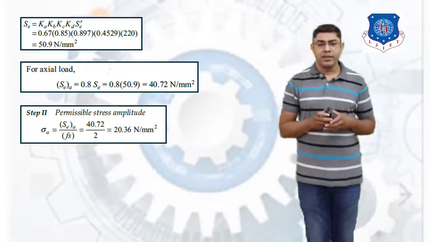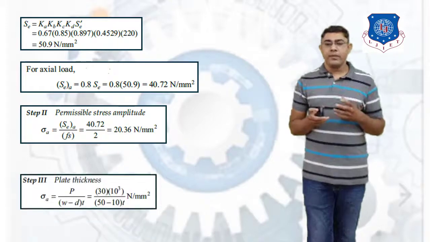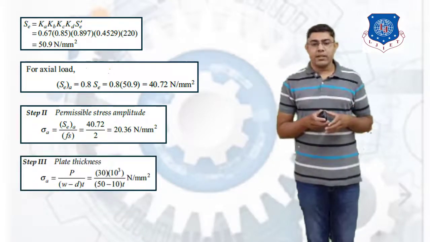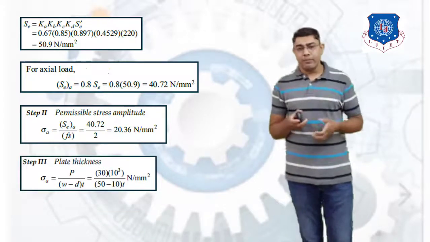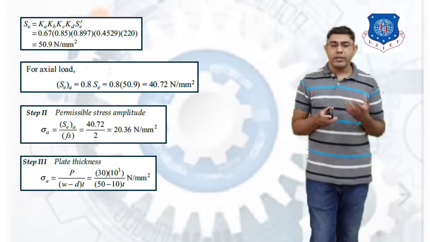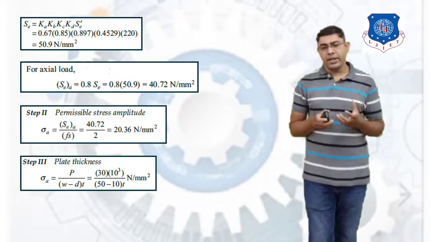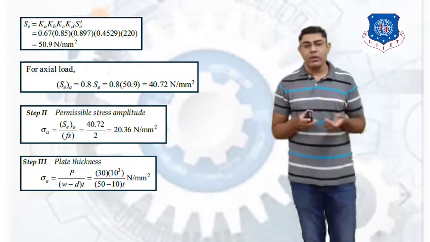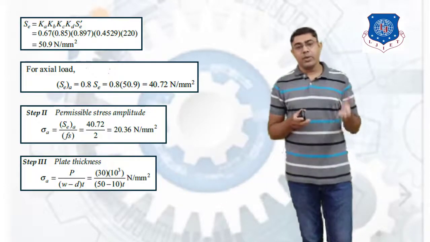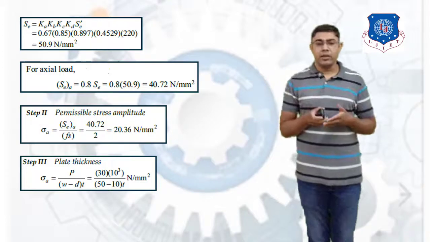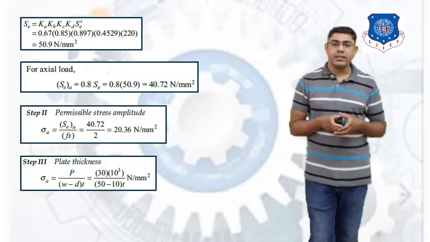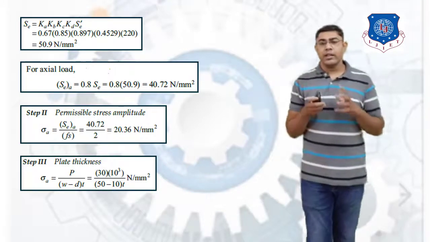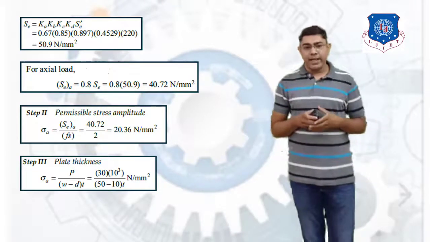Now we have to use the elementary equations to calculate the thickness of the plate. According to the given geometry, the plate has a central hole and is subjected to axial load, so we use the tensile load permissible stress equation for the calculation of plate thickness.